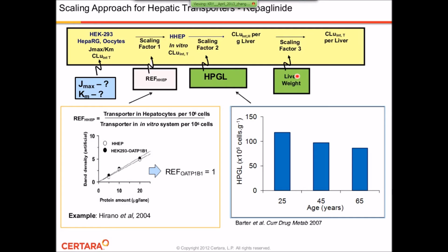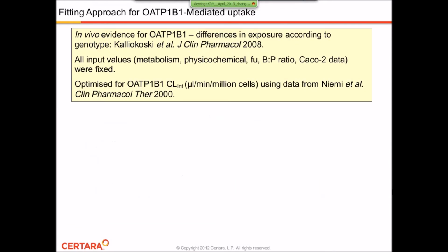The problem that we have is that for repaglinide, even though we know clinically, and there is certainly data available in the literature to show that the OATP1B1 genotype has an impact on the exposure, when I went to have a look in the literature for the JMAX-KM data, or indeed any hepatic uptake data for repaglinide, there weren't any available.